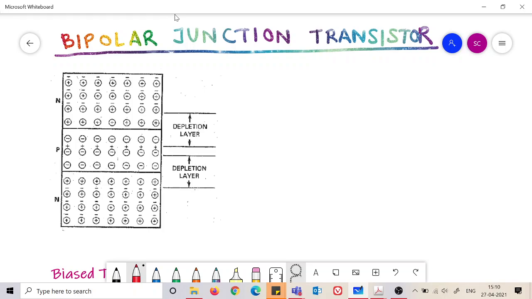Before that, we have to know about some terms. These three parts have very specific names. One part is called the emitter, this middle part is called the base, and this part is called the collector.